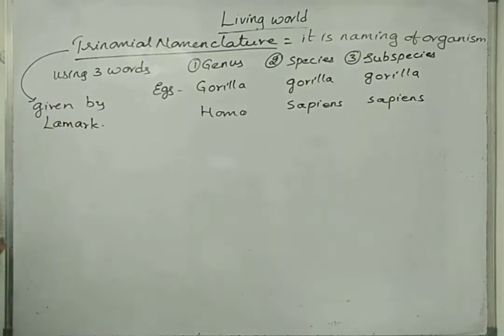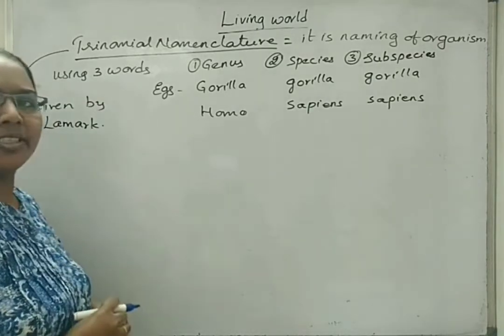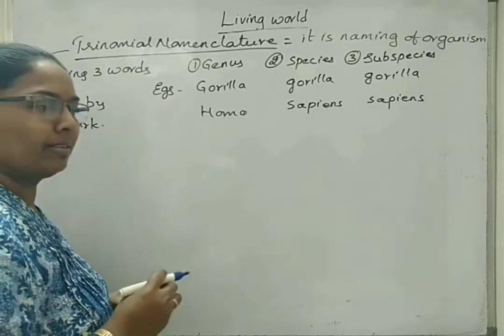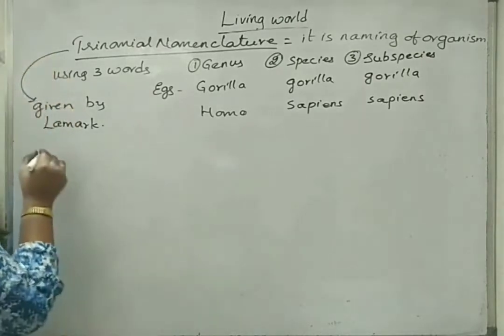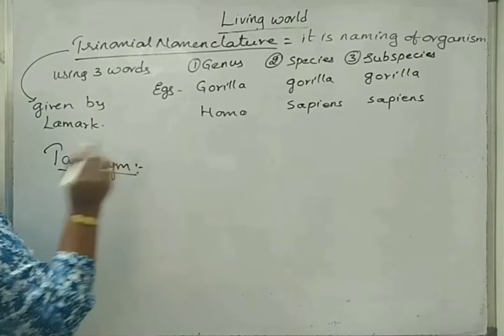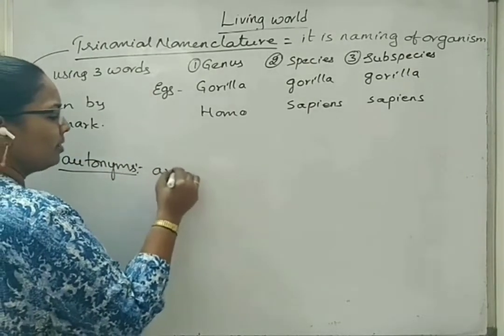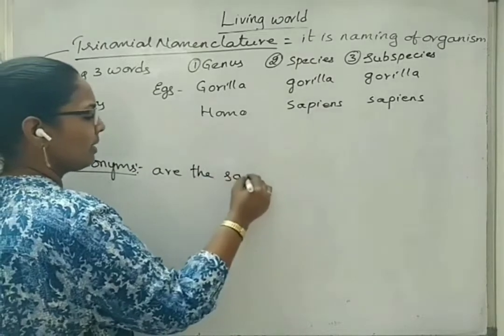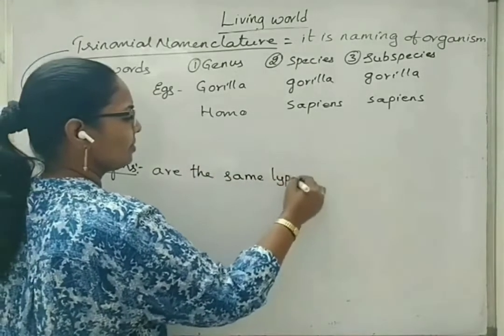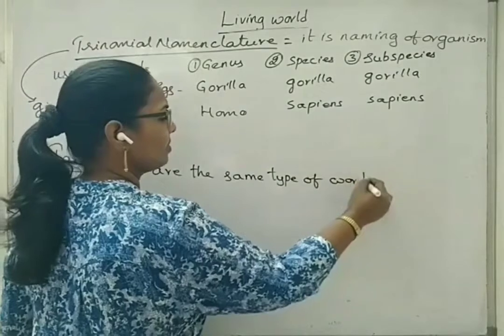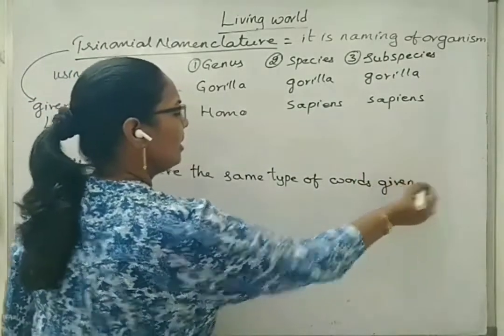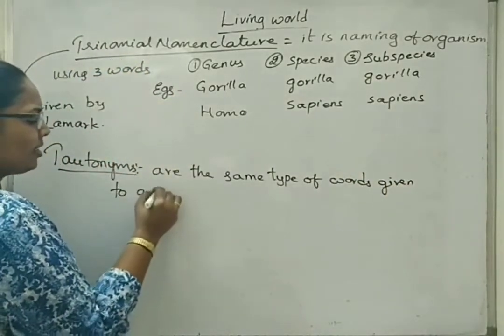Now, if the genus name and species name are the same, then again the terms are different. Tautonym or tautonymy. So tautonyms are the same type of words given to genus and species.